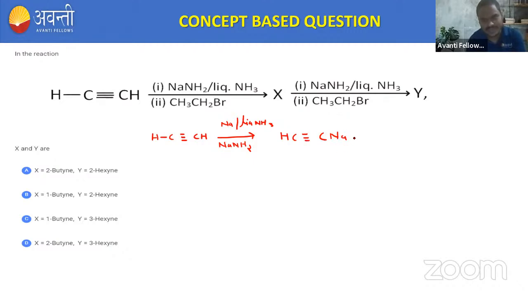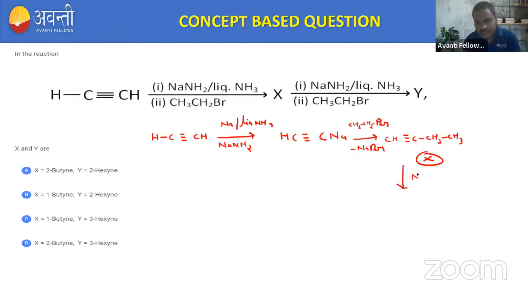Now when it is treated with CH3CH2Br, NaBr will leave as a byproduct. So NaBr is gone, and what do we get? We are left with CH triple bond C, CH2 and CH3. So this is X. This is but-1-yne, that is 1-butyne.